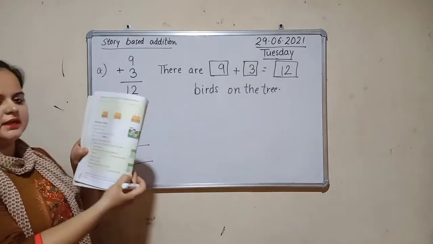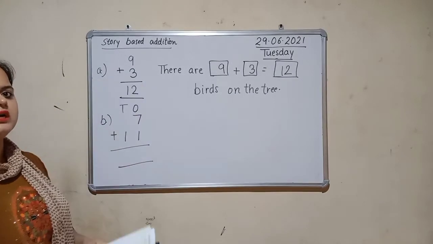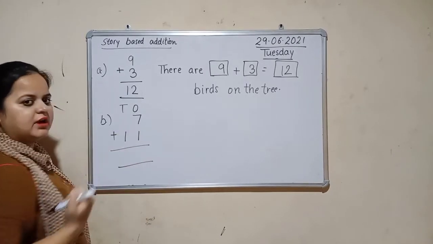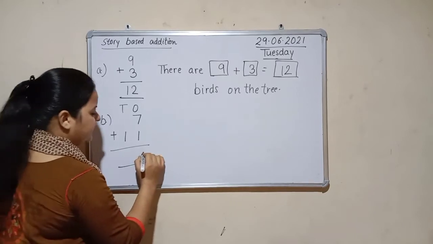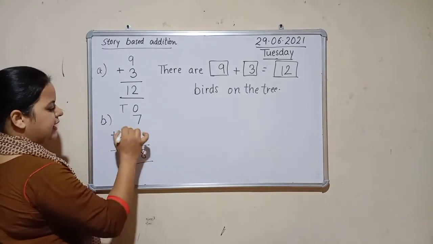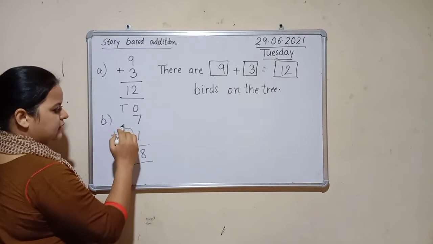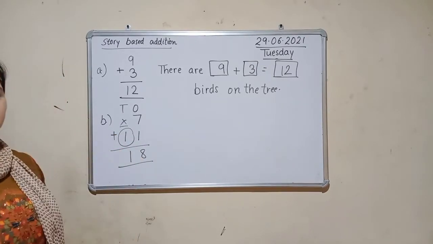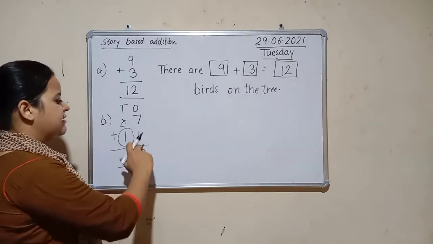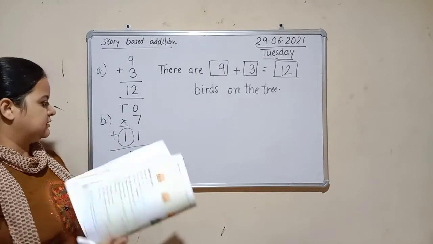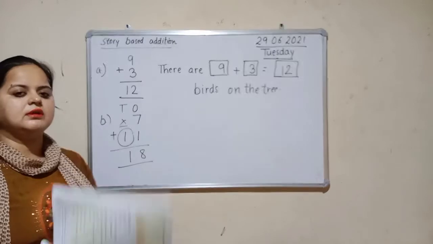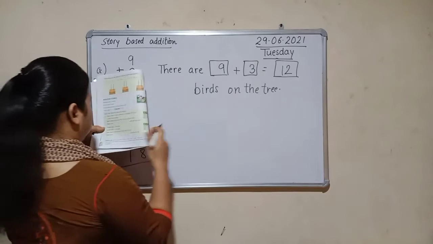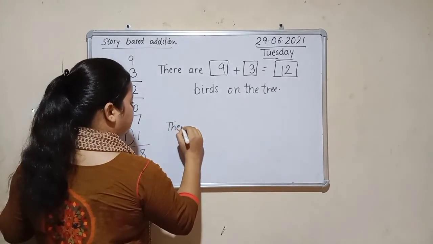Here the numbers are written in the box and you have to do the addition. How will we do it? 7 and 1, 8. On the other side here is only 1. There is not any other digit. So we will write 1 here below. 7 and 11 is equal to 18.